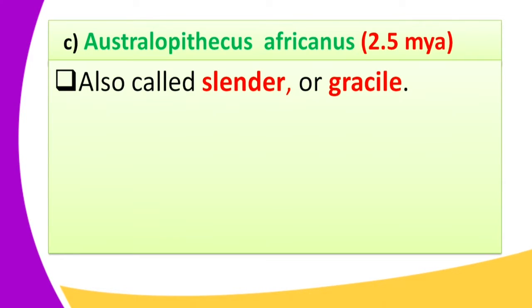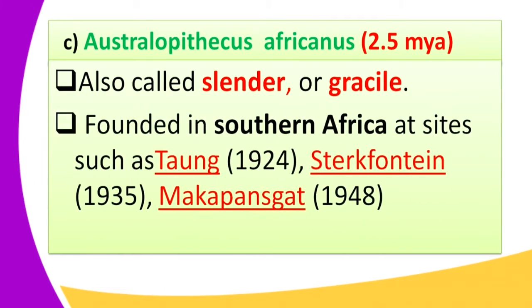Gracilis means small, so this species is very small. The species was discovered in southern Africa at sites such as Taung, at the southern part of Africa, in 1924.